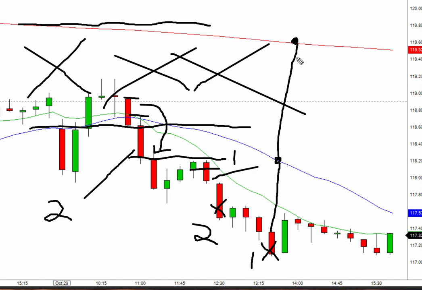When it's wide like this, when your moving averages are wide and your stock is wide from the 20 and the 200, that's when it's time to exit. And if you look, it comes back, and right here is where you should have been. So that's how you trade this market professionally, and this is how you should have traded XOM today.